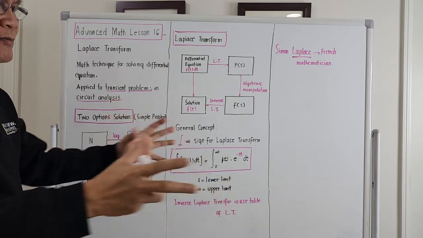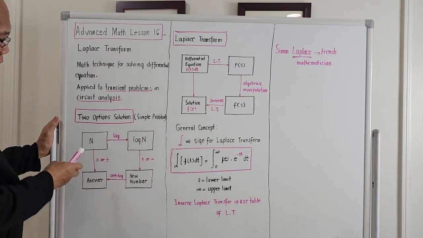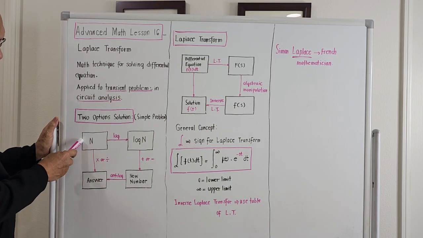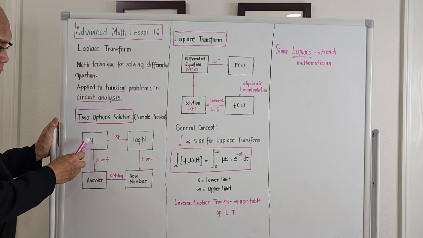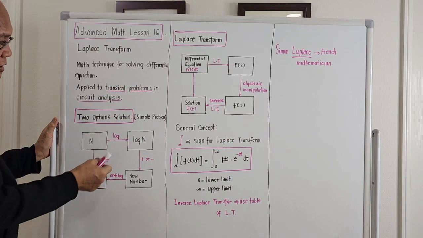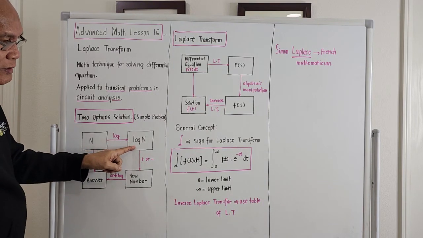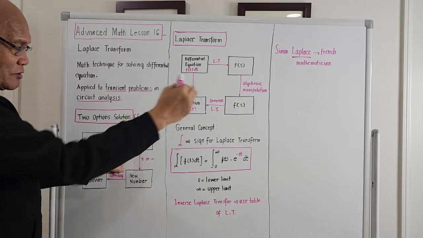For simple math problems, it is something like this. If we are given a number, and the problem is asking for a solution, the first solution is that you could take the logarithm of that number. This is synonymous to the Laplace transform.